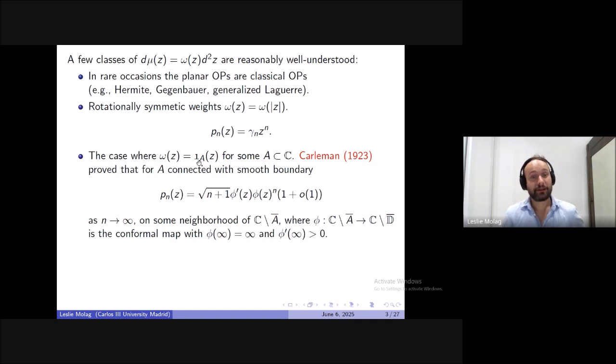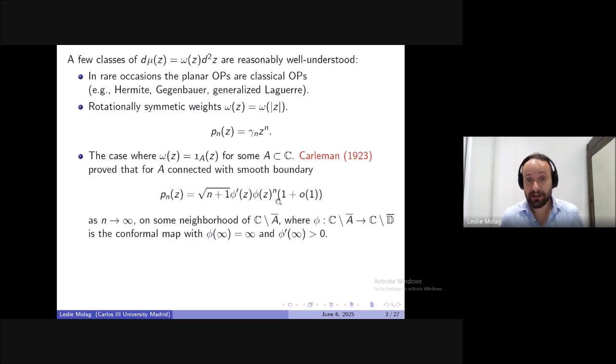He considered a measure that's a characteristic function of some subset of the complex plane. If this subset is assumed to be connected and it has a smooth boundary, then he proved this large n formula for the orthogonal polynomial.